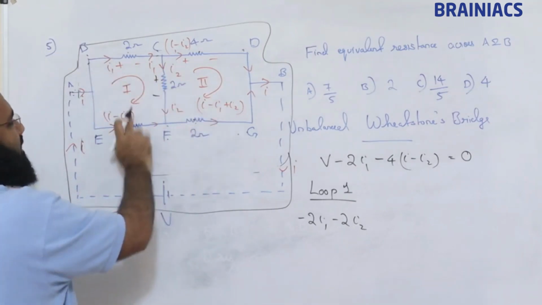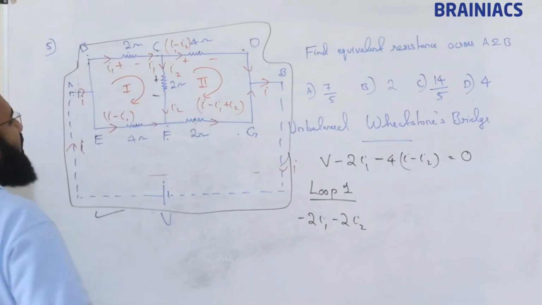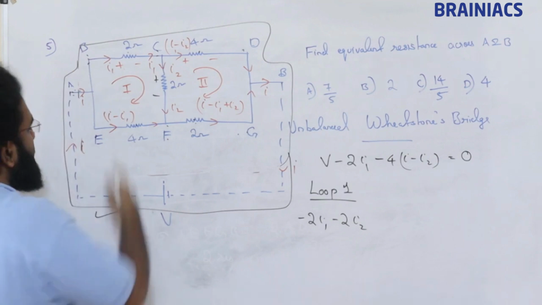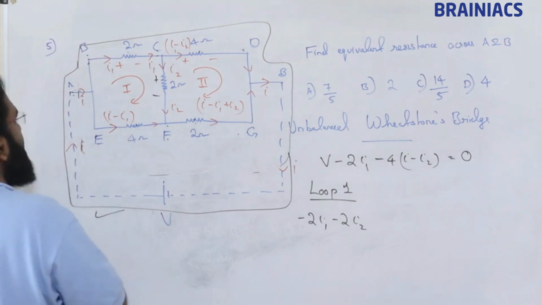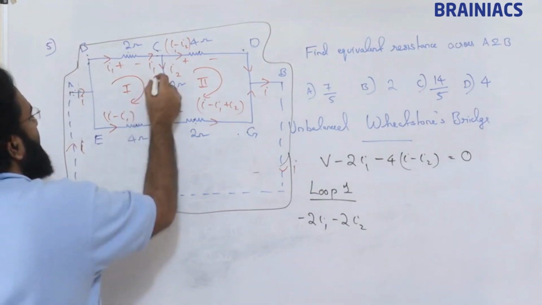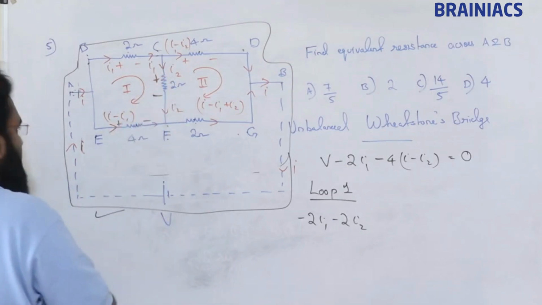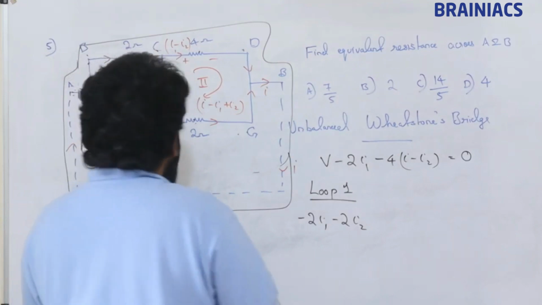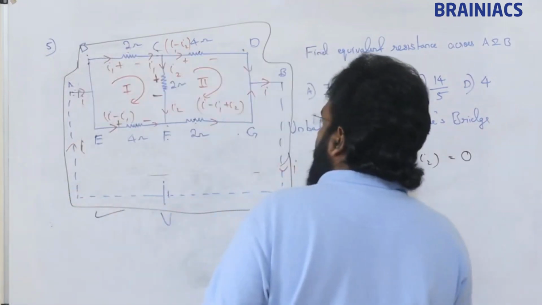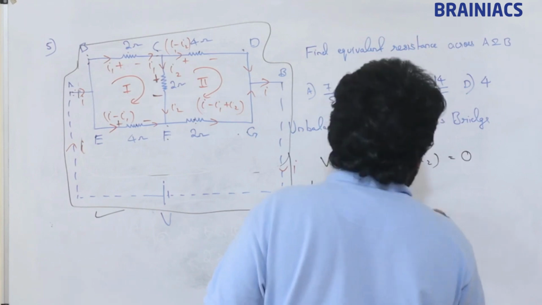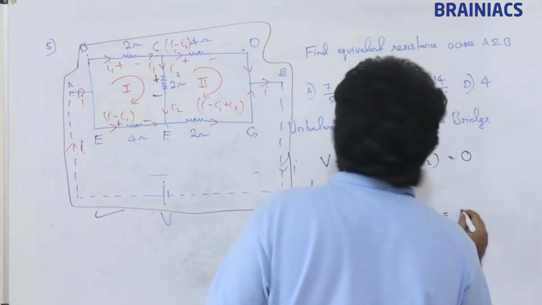Every current direction is clearly marked here, so just follow the current direction when we take the path. Here it is plus minus, so minus 2I2, plus 4 into I minus I1 is equal to 0.